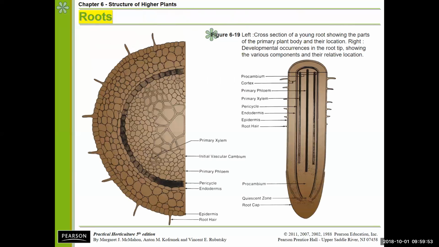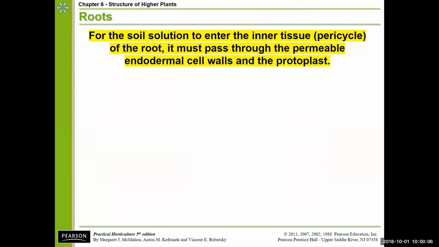Roots are pretty complex. There are lots of different parts of the root, and if you want to know more about roots, take a look and look more into it. But for time's sake, we're going to skip over most of the parts of the root.